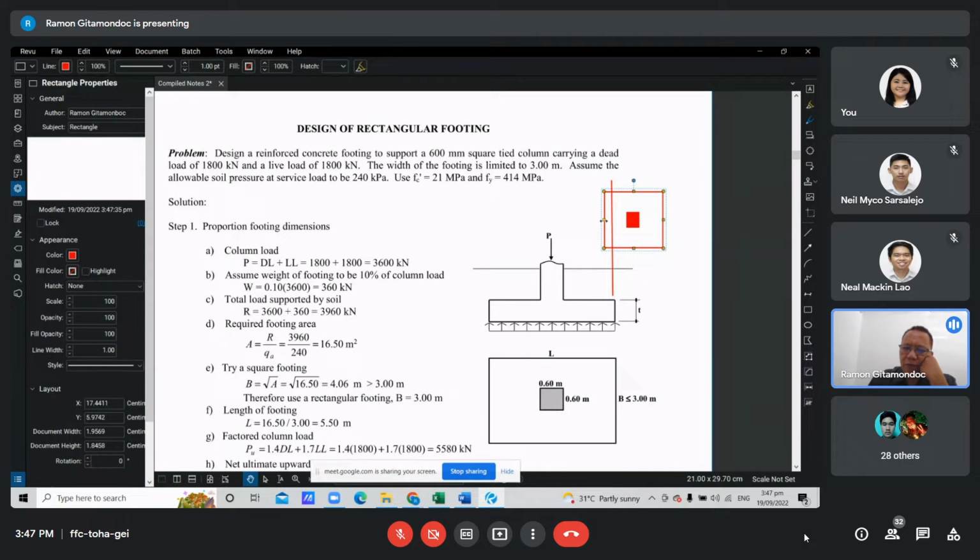And ang atong mahimo to maintain the footing area, ang atong width mo narrower, ang atong length mo longer. So mo resulta na siya rectangular footing.